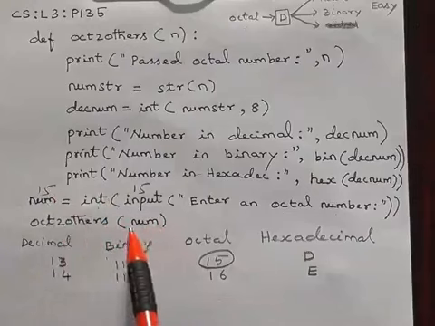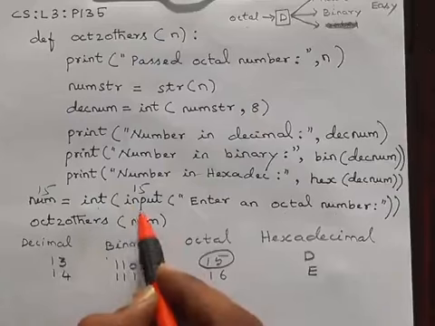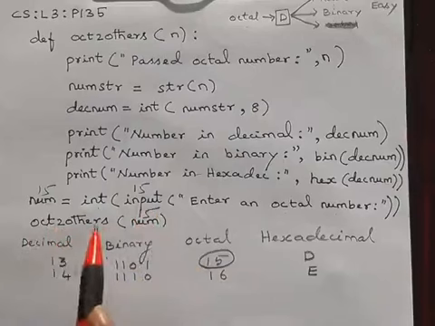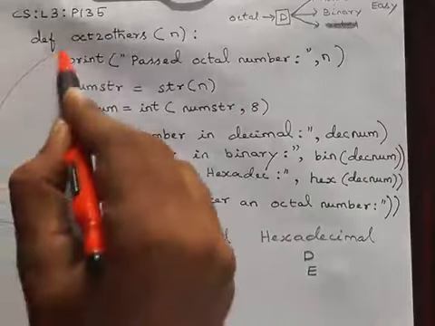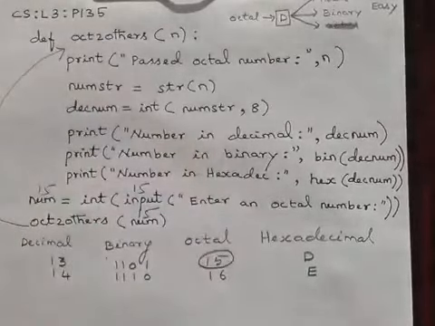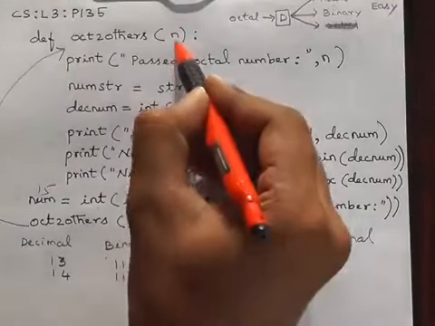Next, the oct to others function. Here the argument is num. What is the value of num? It is 15. So the oct to others call will go to the oct to others function definition, such that this 15 value will be transferred to n.